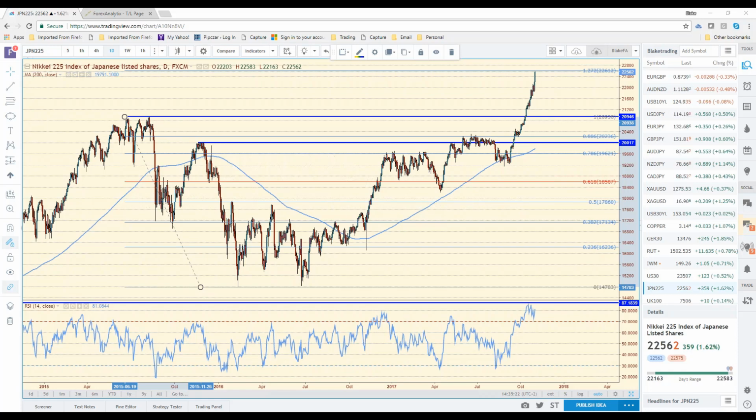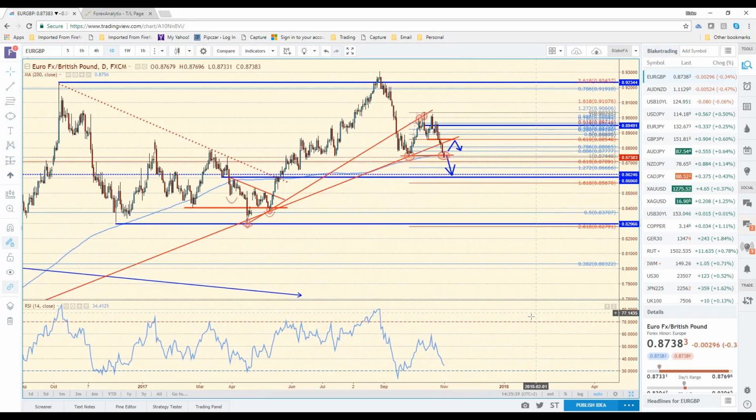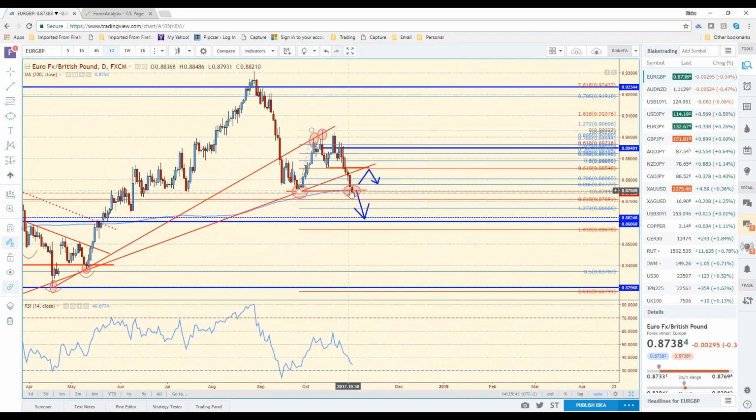So pretty crazy stuff. I was going to look at gold and silver, and I'll let you go to those because I got to get ready for my trading day. The one thing I wanted to point out is ahead of the Bank of England decision, the euro pound is testing the 200-day moving average.